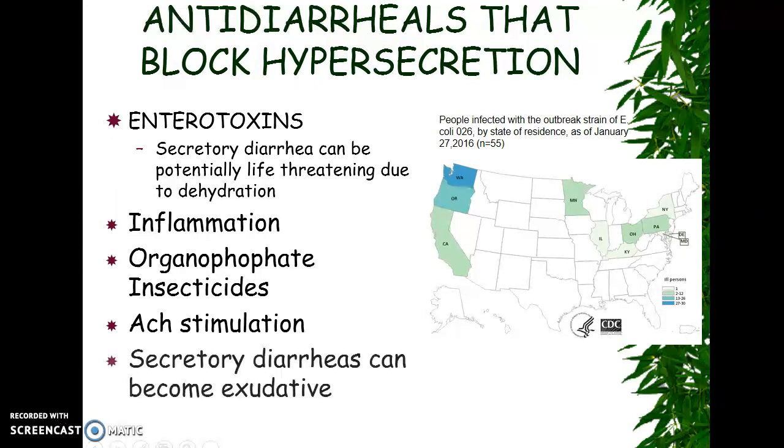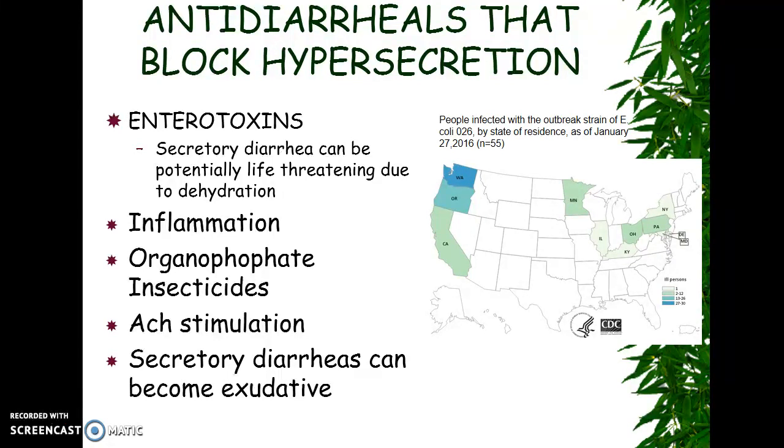I think this was the one that was associated with Chipotle. It was a really bad strain of E. coli, because remember, we all have E. coli in our gastrointestinal systems. It helps us to break down food, but a bad type will cause the secretory diarrhea.